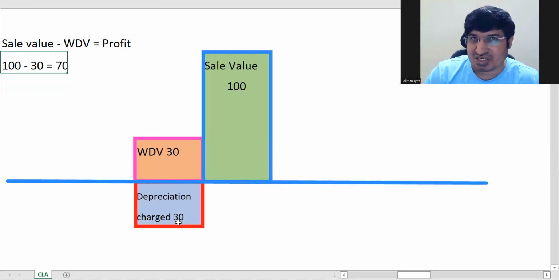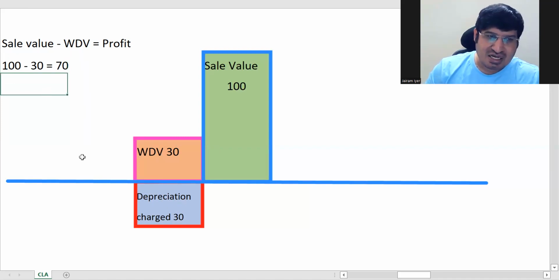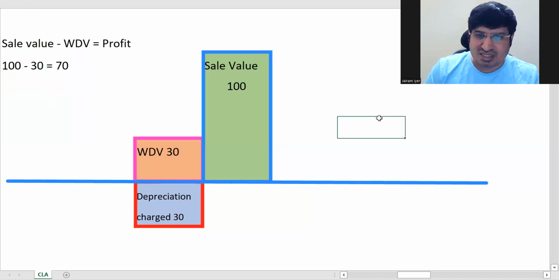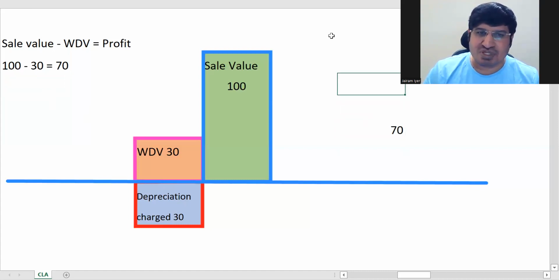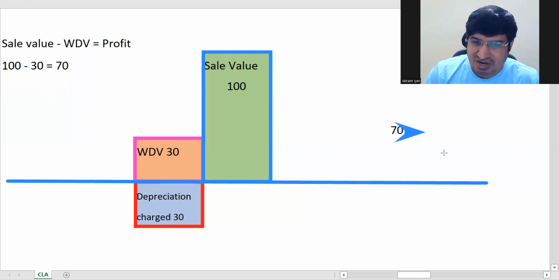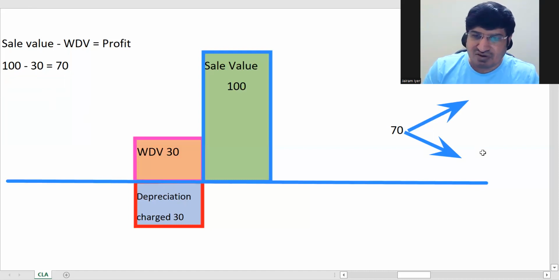So of this 70 profit, PGBP says capital gains cannot take the whole thing, because I have given a deduction of 30.